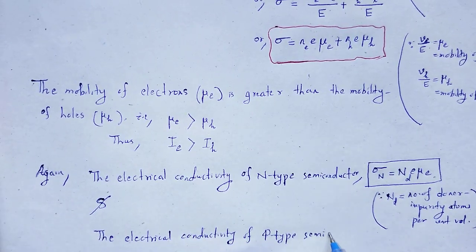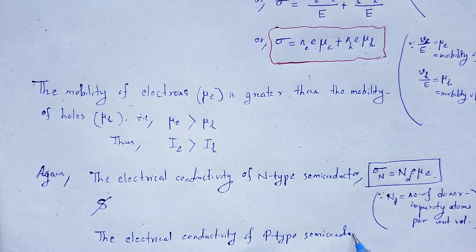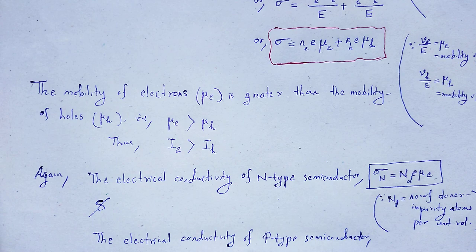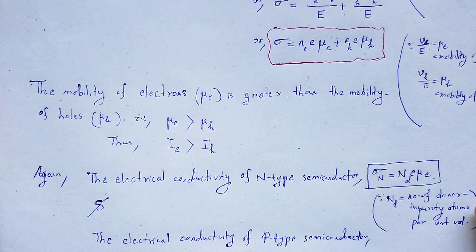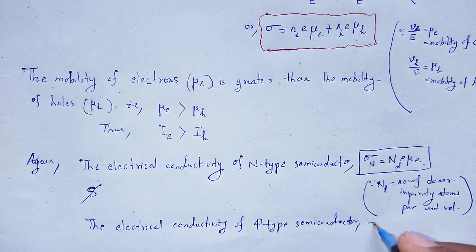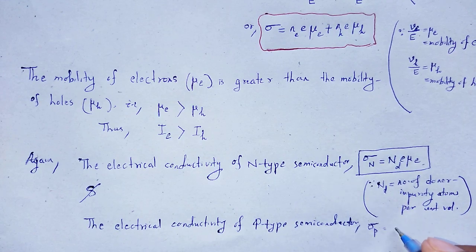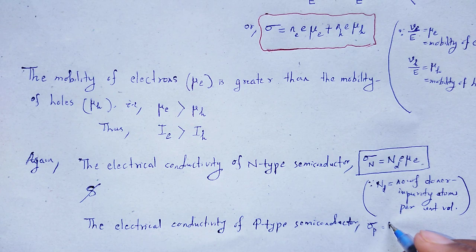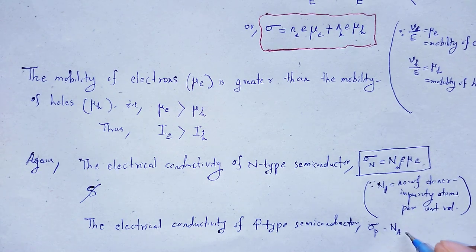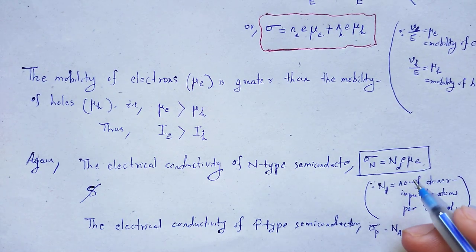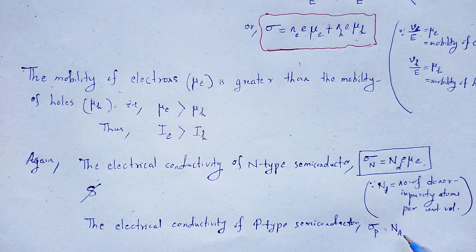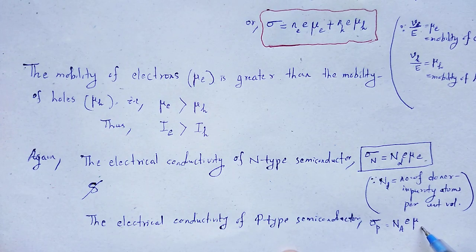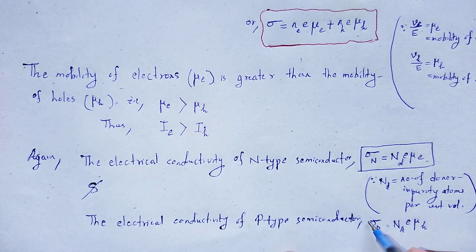In p-type semiconductor, the impurity is a trivalent impurity. So, sigma of p is equal to Na e mu h. Here, in the earlier case that was the number of donors, but in this case it is the number of acceptors, and mu h is the mobility due to holes.